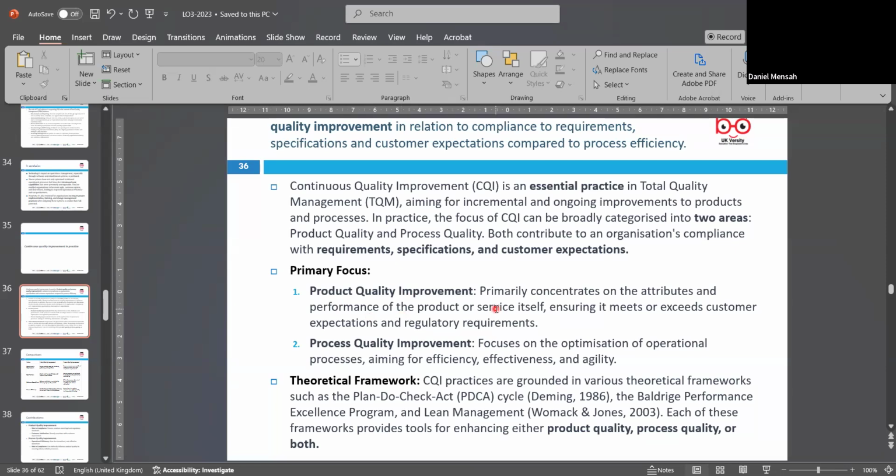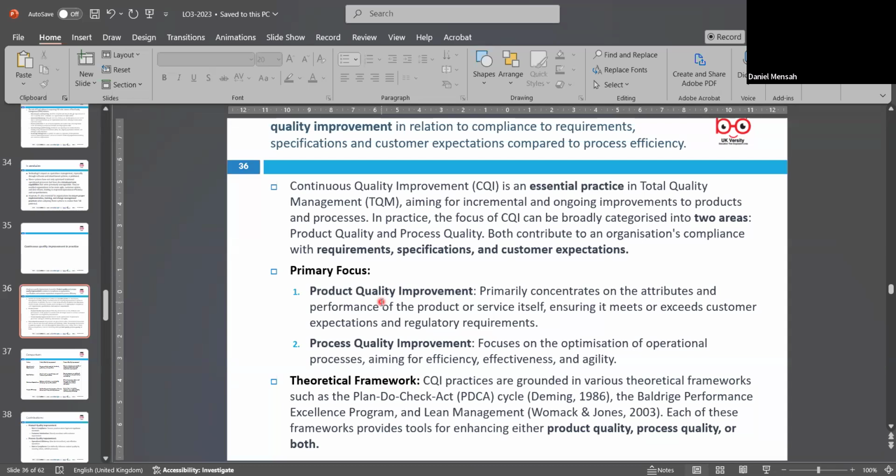from the product perspective, and I'll explain in the next. Process quality improvement is focused on process improvement. Basically, you want to bring efficiency, effectiveness and agility in your processes.